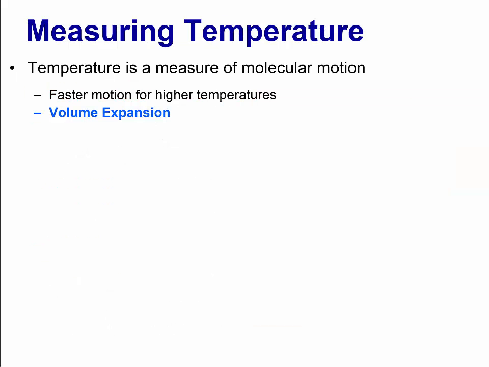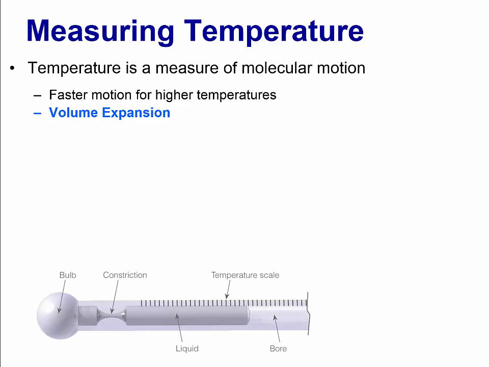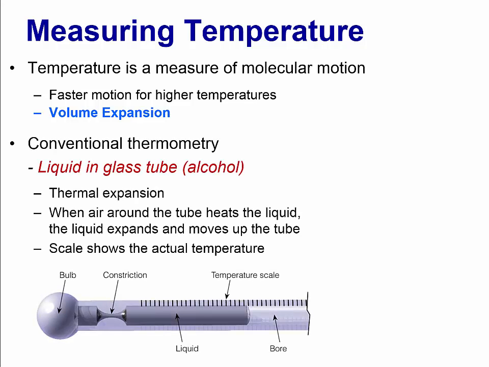Now I think we all know that thermometers are the instruments used to measure temperature. Well, it turns out the first thermometers used the basic principle of volume expansion in order to get at that temperature measurement. A simple example of this is the alcohol thermometer, or liquid in glass, which is a form of conventional thermometry because it utilizes this principle of thermal expansion.